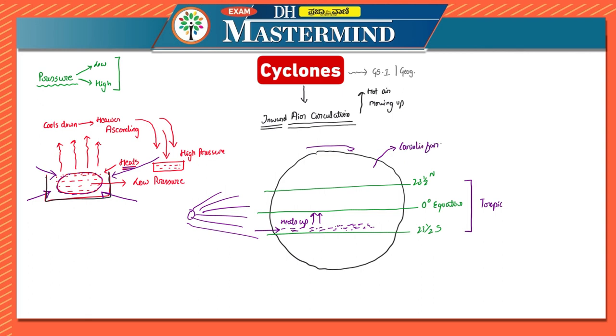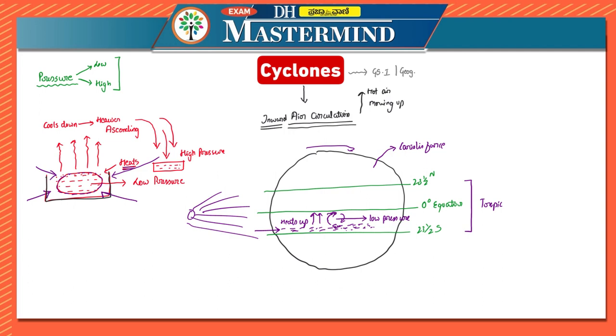Because of all these things, the air starts to circulate in this direction, and in the middle low pressure is created, and that is called a cyclone.